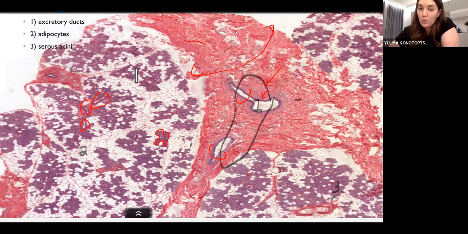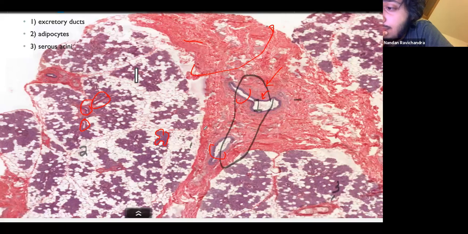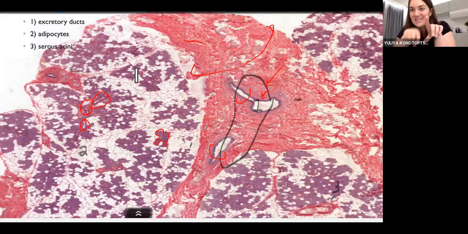Why? Because don't forget, what is this connective tissue septa doing? It is dividing your one gland into several lobules. So between the lobules, you will always find septa. So here is your septa.